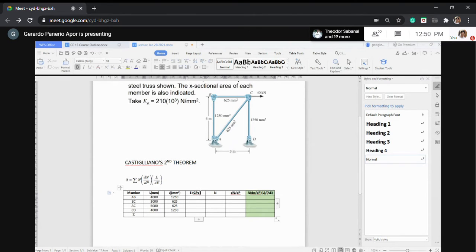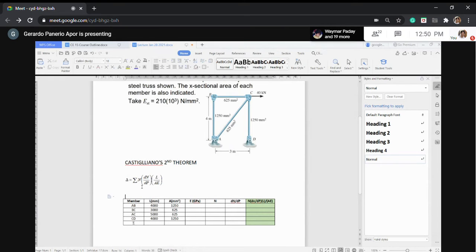If you remember, 1 megapascal is equal to 1 Newton per mm squared. I write mm squared this way, not as a fraction, but you can write it to the negative 2. If you don't want the negative 2, then you just use the divide in squared.